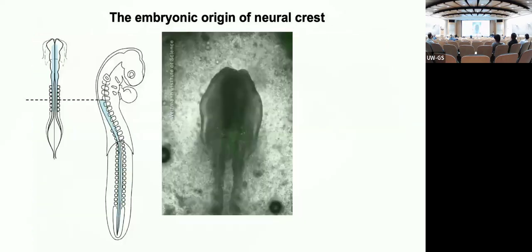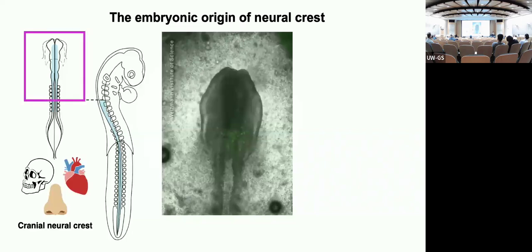So I'm going to tell you a little bit about the embryonic origins of neural crest. Essentially, if you think back to that movie that I showed you in the very beginning, neural crest develop from the area where your spinal cord is developing. And the neural crest cells in your head, again, produce the skull vault and your cranial cartilage and part of your heart.